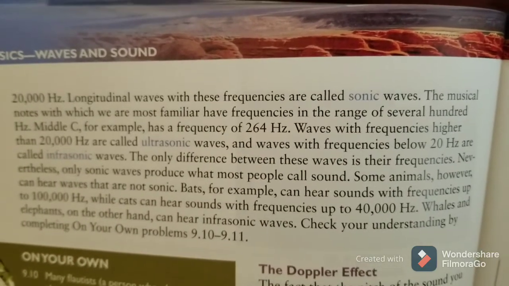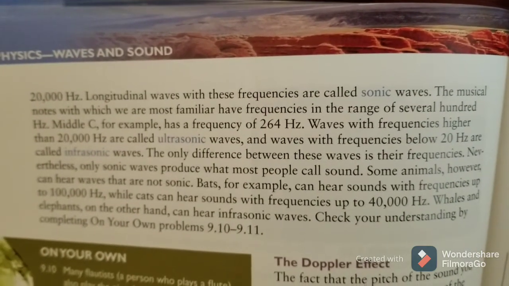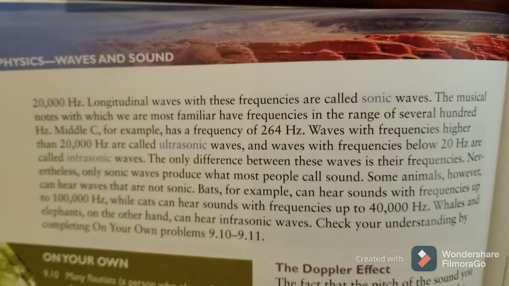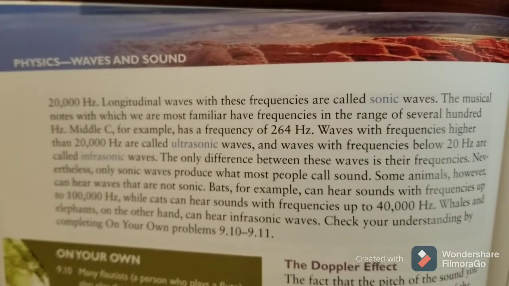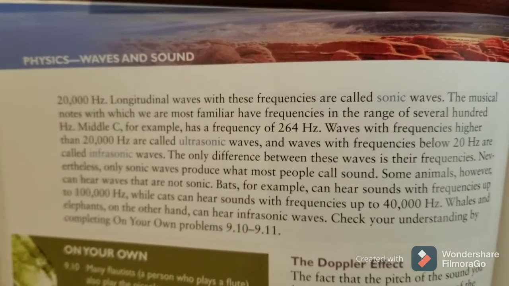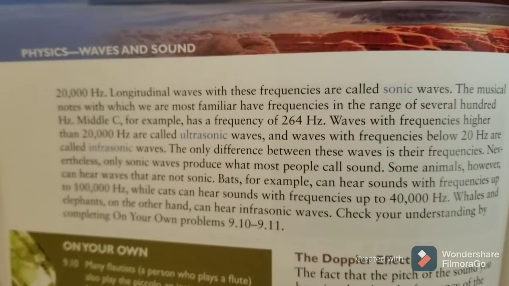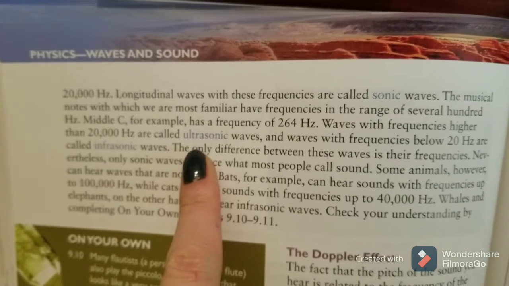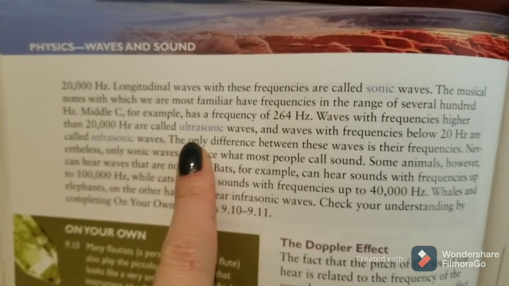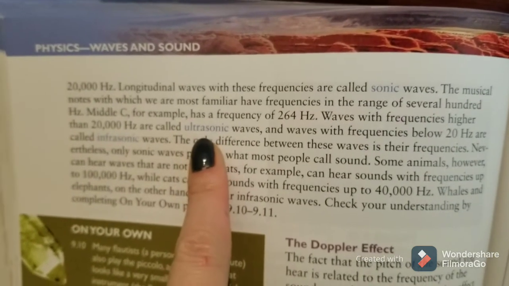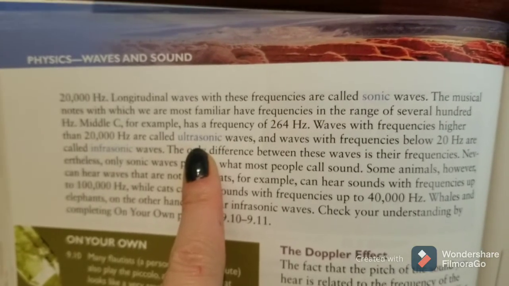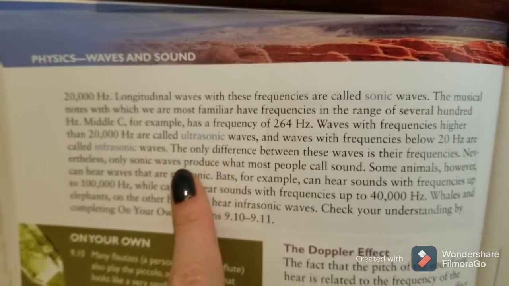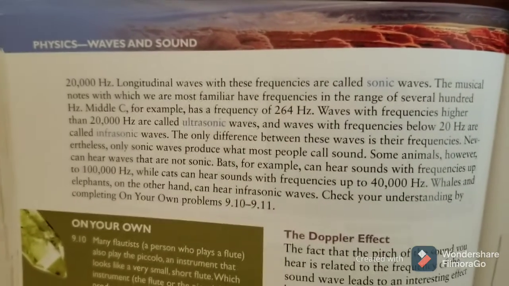If the wave is lower than we can hear, those would be really long wavelengths and low frequencies. They would be called ultrasonic waves. Lower than we can hear. What does that? Oh, say whales, maybe? Let's see here.